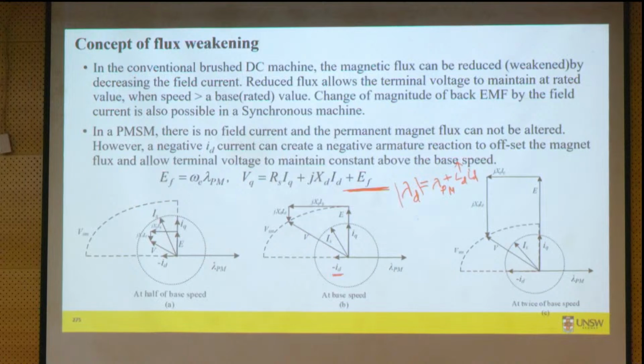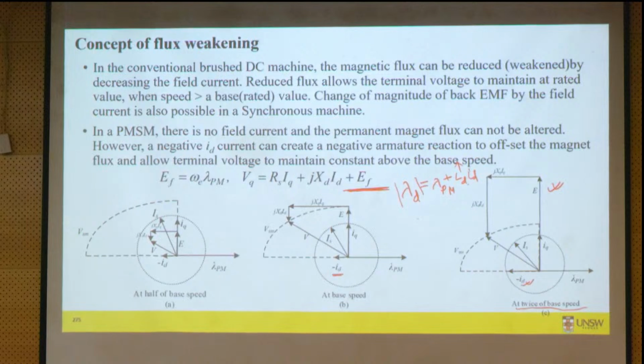And when lambda D reduces, the voltage in a phasor diagram, if we want to see, this is under, let's say, twice the rated speed, twice the base speed. So your back EMF has increased, but you have also increased your ID current.